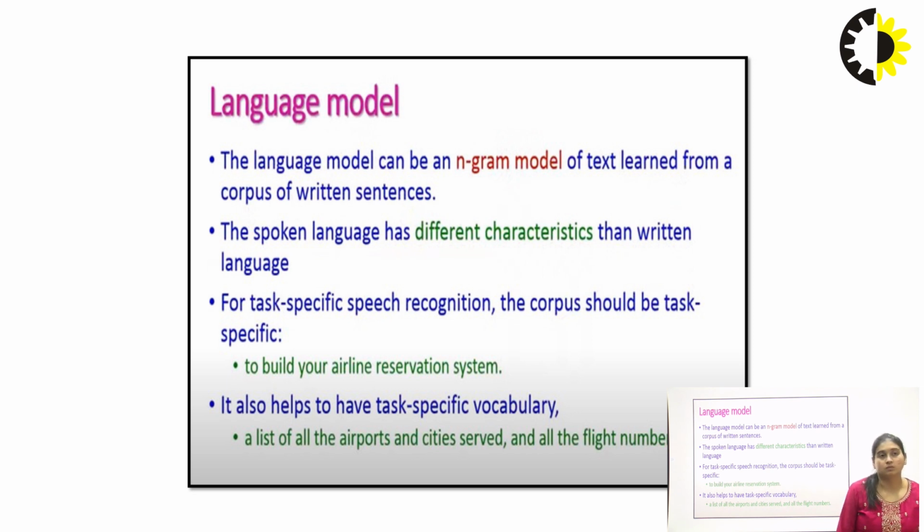This is just an example: if someone wants to build an airline reservation system, then speech recognition also helps to have a task-specific vocabulary, related to that system only, so it can be applicable to any airline reservation, with a list of all the airports in the city served and all the flight numbers.